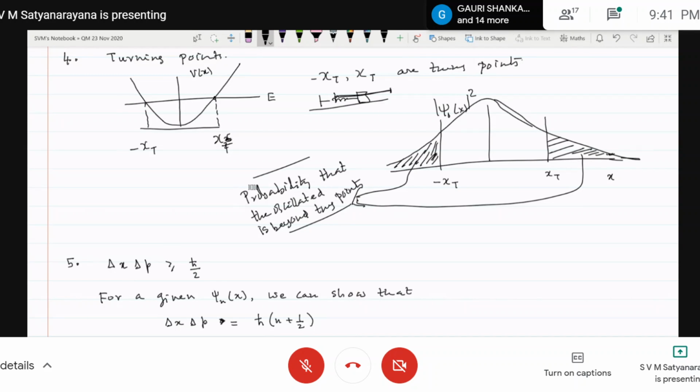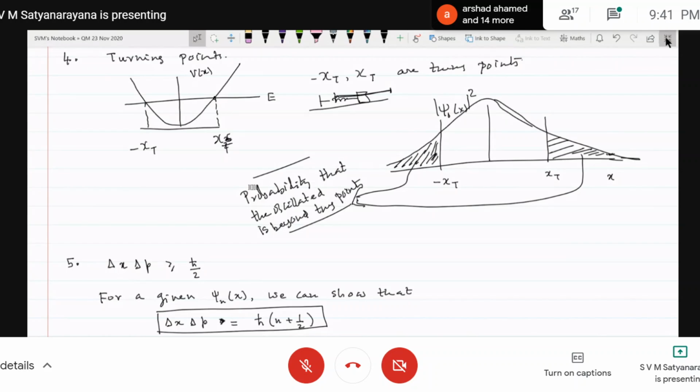For any other excited state, it will have a higher uncertainty, and that uncertainty can be exactly shown to be equal to n plus half into h cross. Okay, so these are some of the remarks I wanted to make with respect to this problem of the harmonic oscillator.